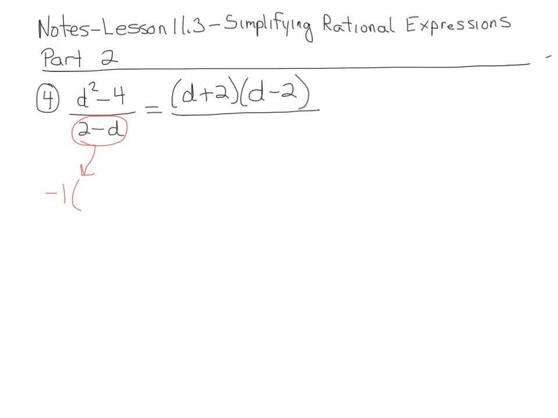Okay? So negative 1 times what is 2? Well, a negative times a negative is a positive. So negative 1 times negative 2. And then negative 1 times what is negative d?